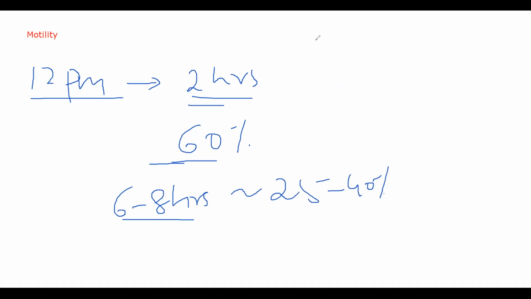For example, let's suppose a person has 100 million sperms per ml in the sample. Out of this number, at least 60 million will be very motile per ml. After 6 to 8 hours, 25 to 40 million will be motile, per ml.